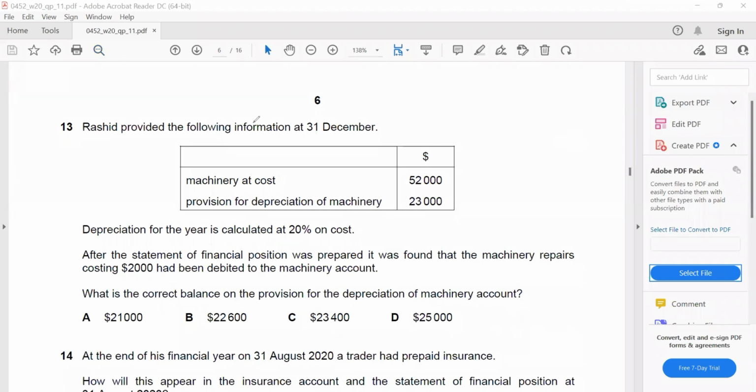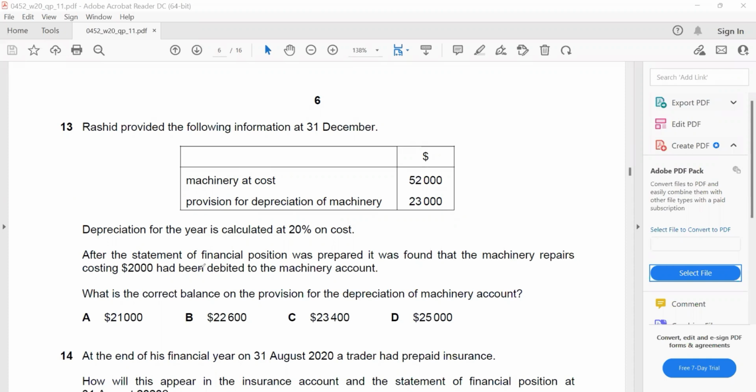Rashid provided the following information on 31st December. Machinery at cost 52,000. Provision for depreciation of machinery 23,000. Depreciation for the year is calculated at 20%.